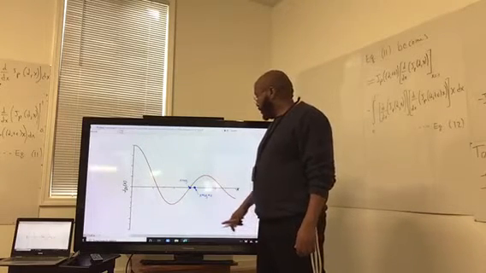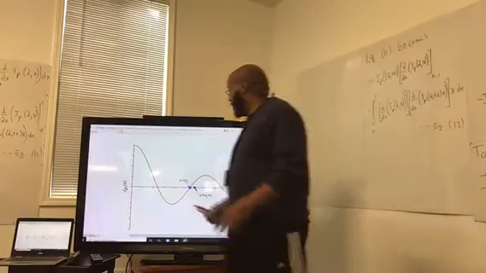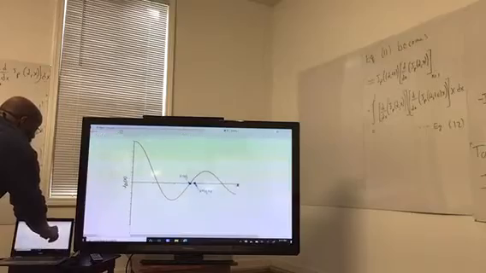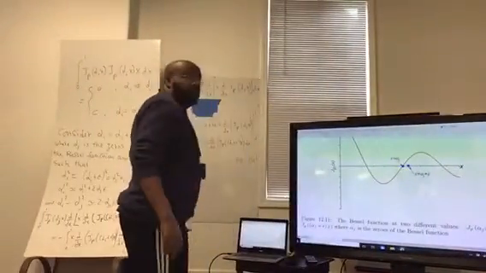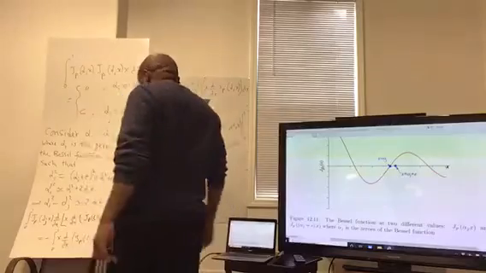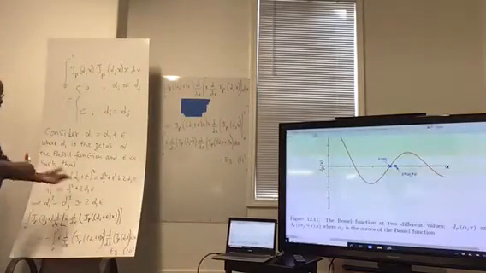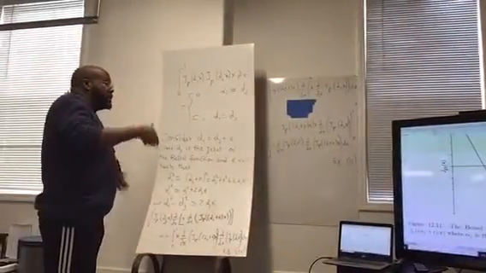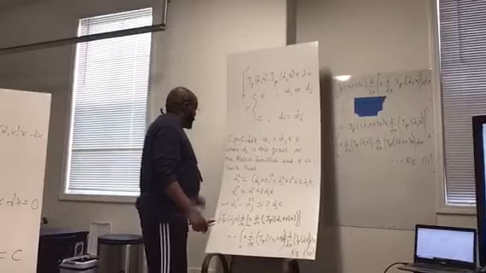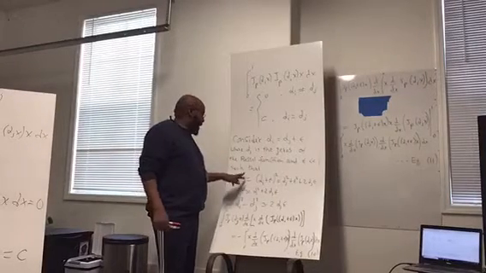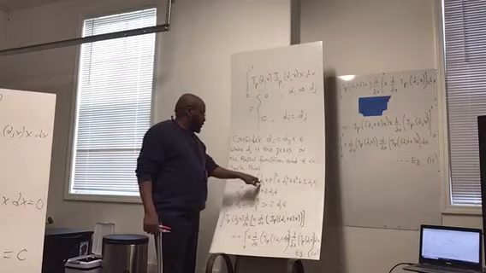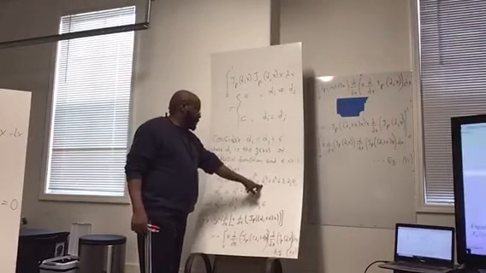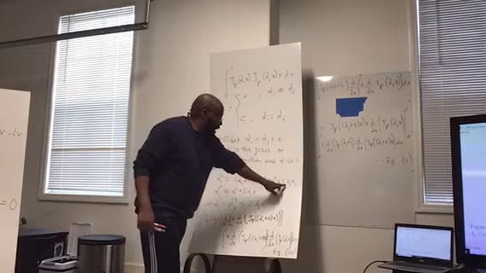This is on page 373, figure 12.11. Epsilon is very small. That means alpha i is going to be very close to alpha j. So when you square alpha i, which means you square alpha j plus epsilon, you get alpha j squared plus epsilon squared plus 2 alpha j epsilon.